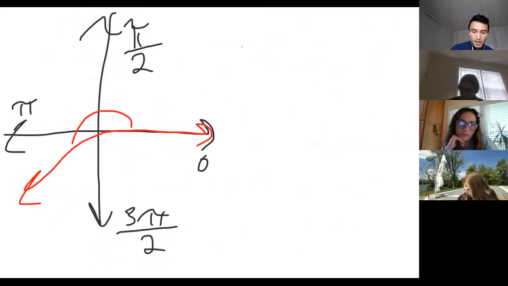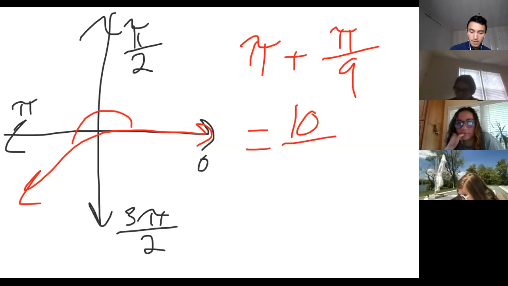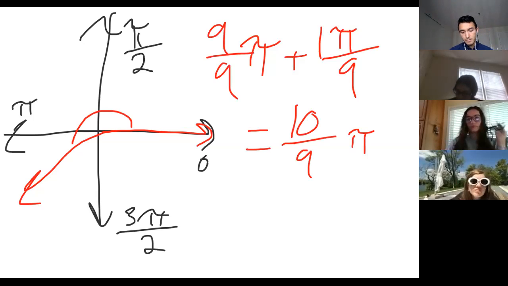And I know that it's going to be pi, and then I know that 20 degrees is 1/9 of pi. So it's a whole pi plus one more 9th of pi, and this is going to equal 10 ninths of pi. I had one whole pi and then I add one more 9th, so this is 9 over 9, and then I add one more to get 10.